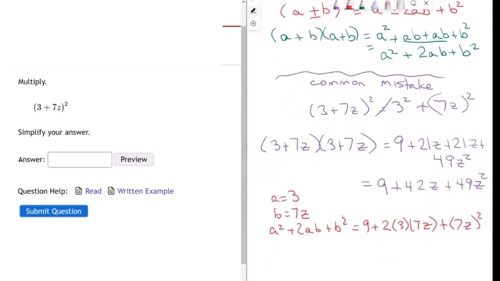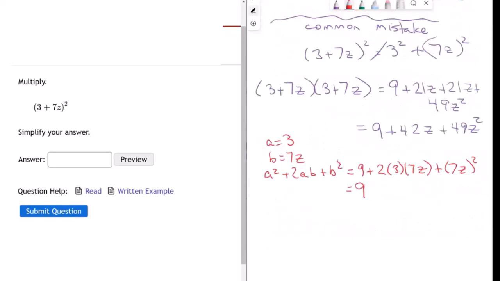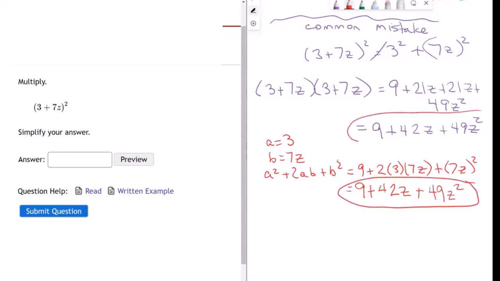Remember, that's what I wrote right here. So this is equal to 9 plus, well, 2 times 3 is 6. 6 times 7 is 42z. And then plus 7 squared is 49, z squared is z squared. Notice this matches when I just did it manually.